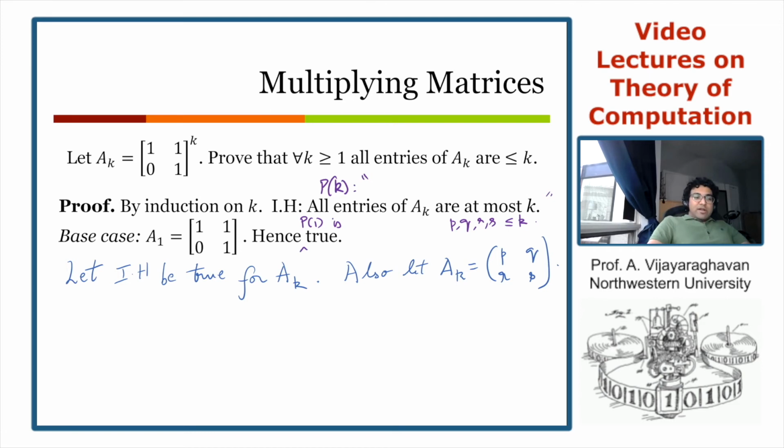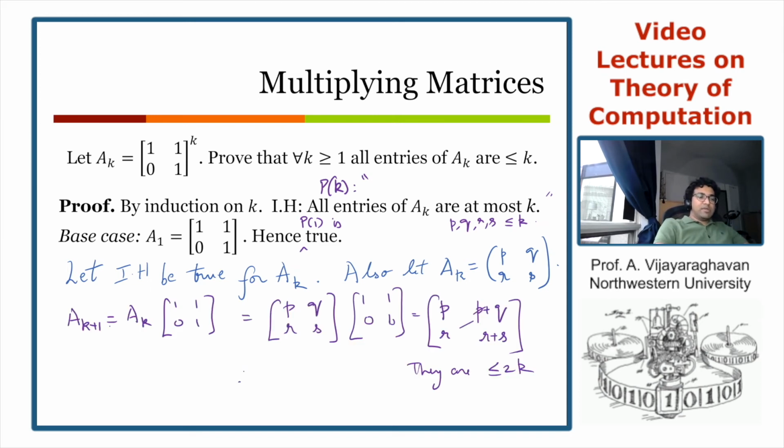Now we want to show that all the entries of A^(k+1) are at most k plus 1. Let's write down A^(k+1). A^(k+1) is just A^k times the matrix 1, 1, 0, 1, just multiplying it one more time. Suppose A^k was this matrix P, Q, R, S. By multiplying it by the matrix 1, 1, 0, 1, you get this matrix, which is P, P plus Q, R, and R plus S. Now what can we say about these entries?